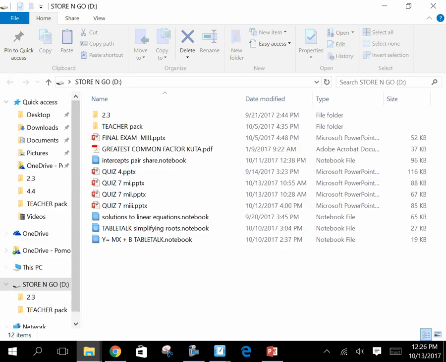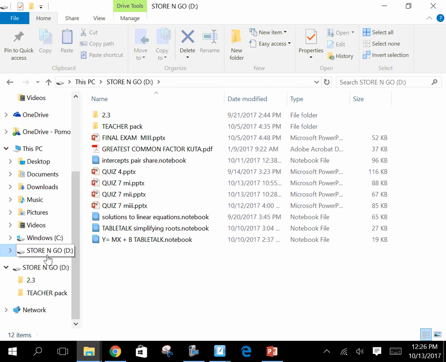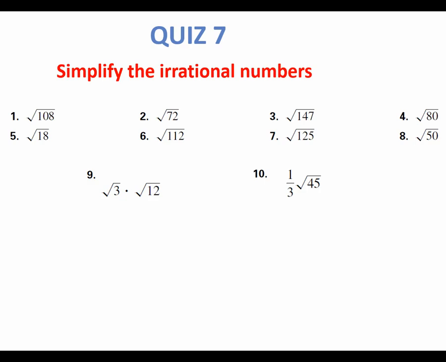Go ahead and take a minute to check your social media if you're a social media fiend. If not, here's the quiz. It's going to say quiz 7. So veteran students, this is quiz 7. Rookies, this is your first quiz. Look at how easy this is. You should be laughing at this point. Simplify the irrational numbers.